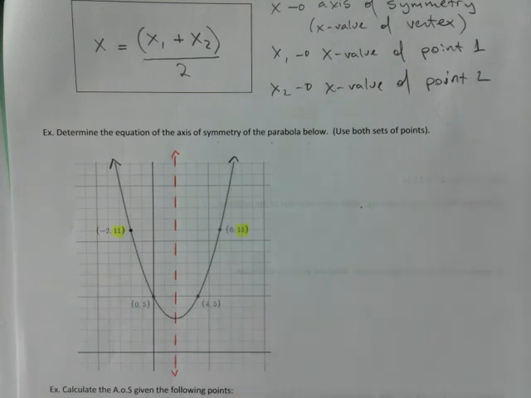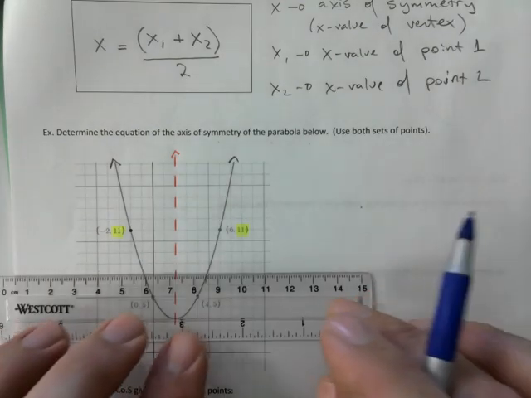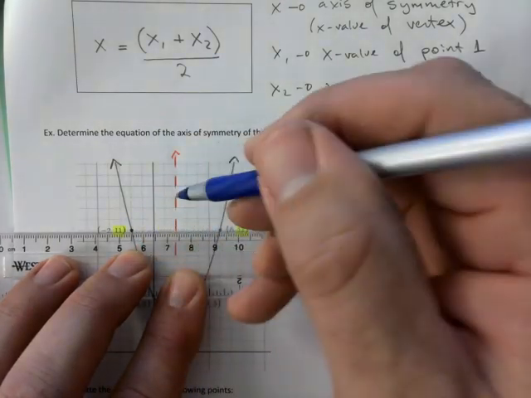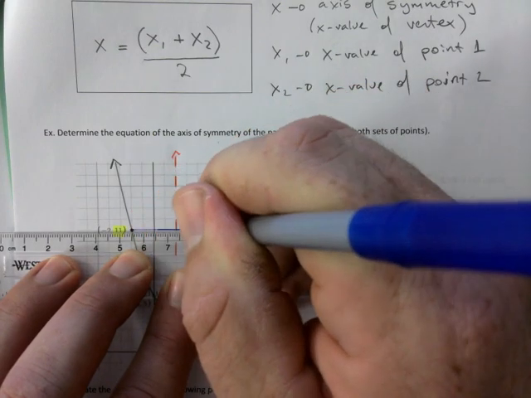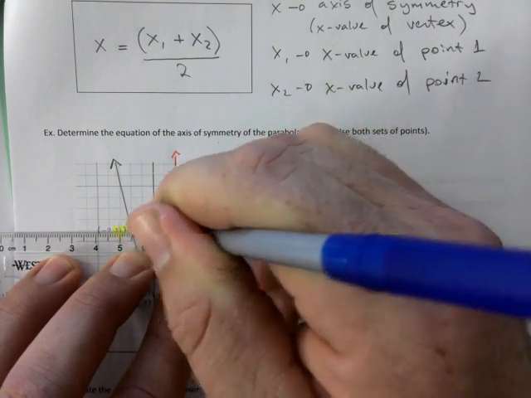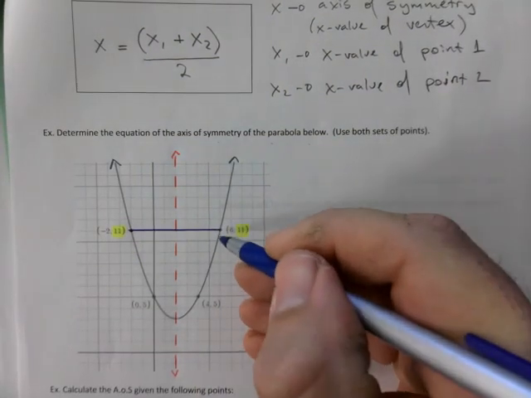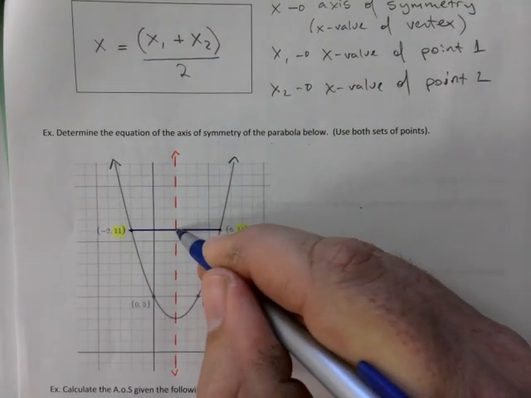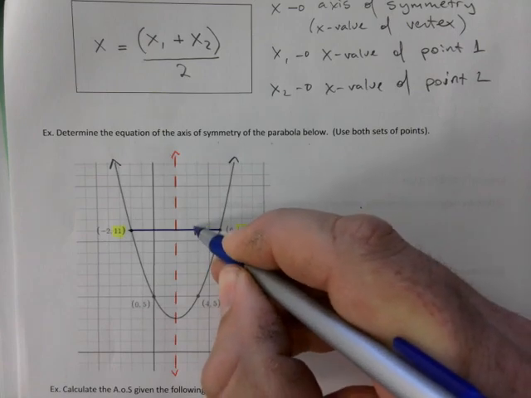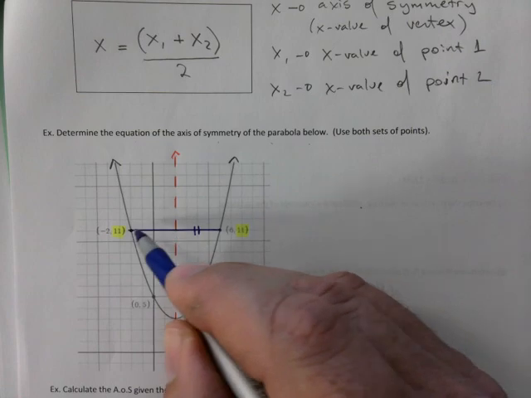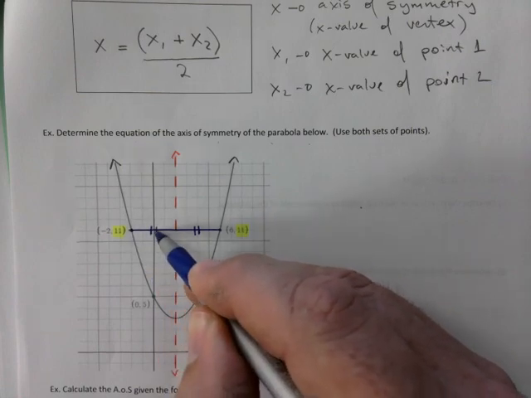So what I like to do is I like to say, okay, there's a distance between these 2 points. There's a distance between those 2 points, and I know that from this point to the center, it's going to be the exact amount that's going from the center back to the other point. Right? That's a given.